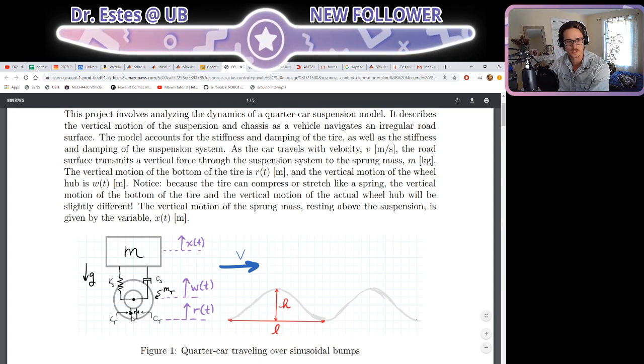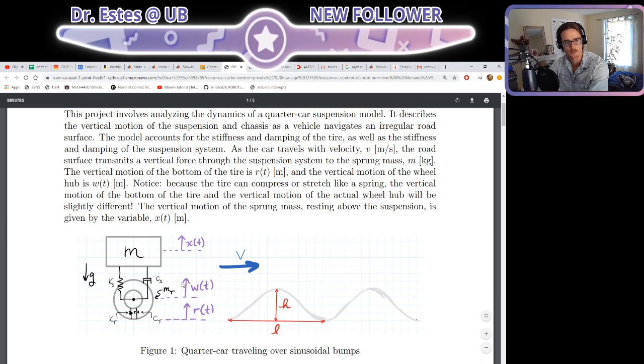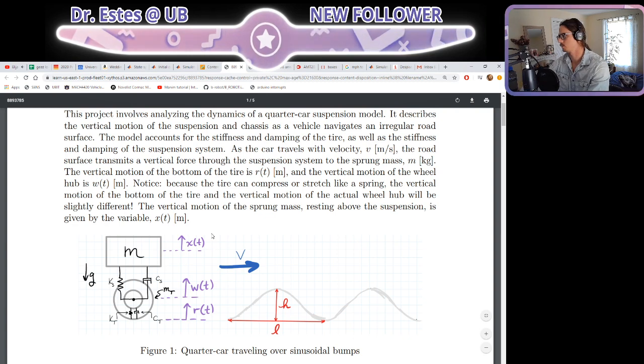Because they aren't rigidly connected, there's some springiness there. So that's why I have separate variables: R of T is the vertical motion of the bottom of the tire, W of T is the vertical motion of the wheel hub, and X of T is the vertical motion of the sprung mass.